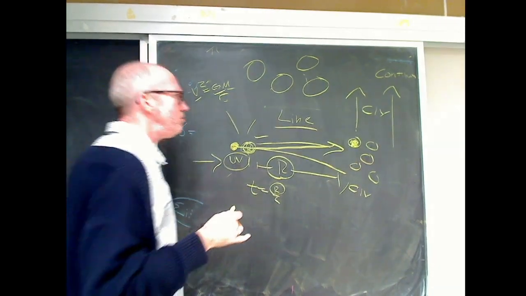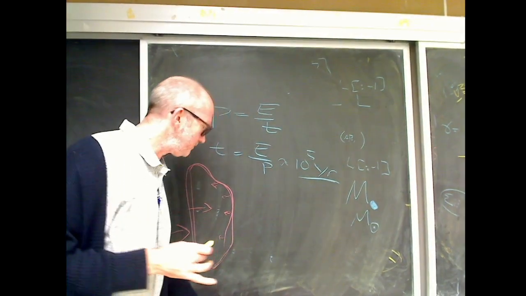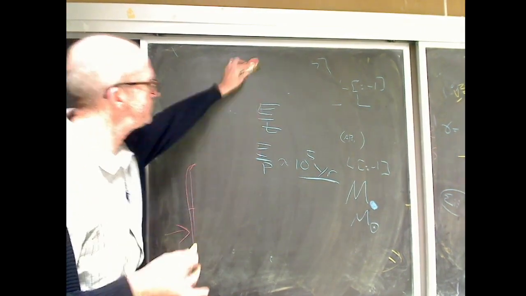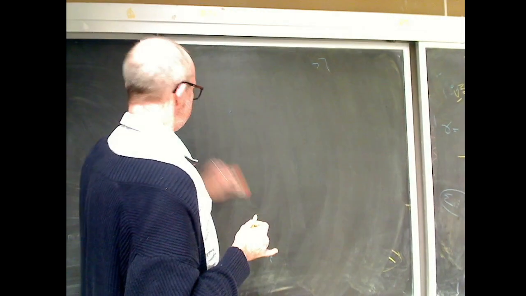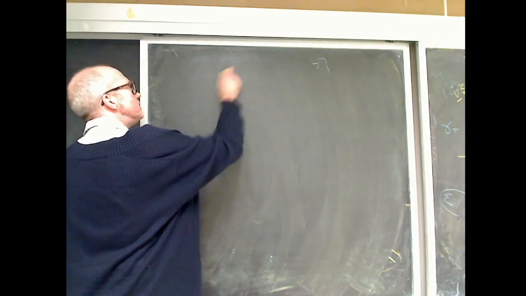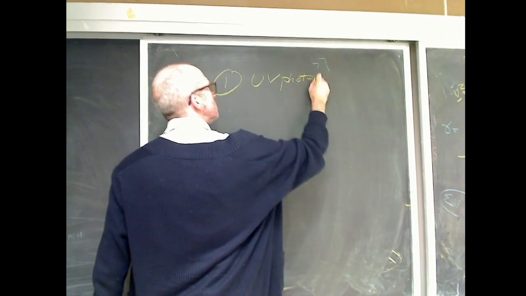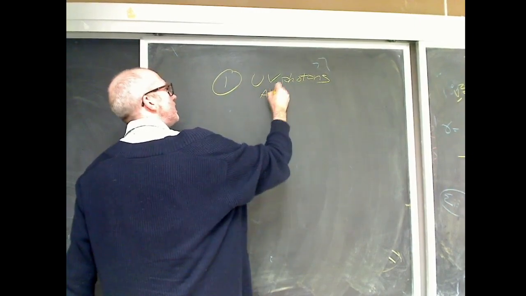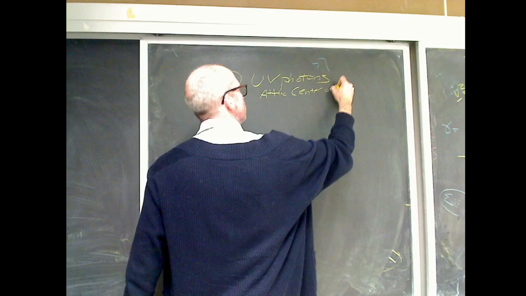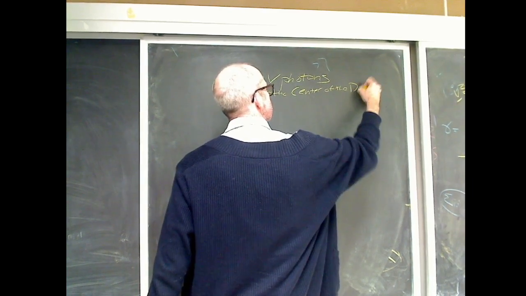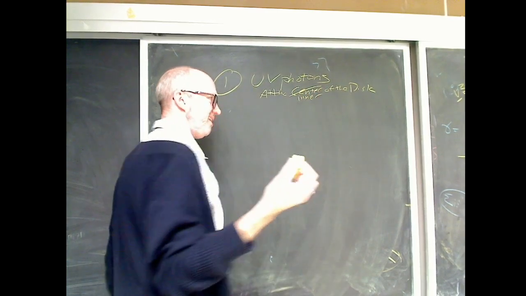So reverberation mapping. Let me write all this down. Summarize these ideas. So the way reverberation mapping works: UV photons at the center, maybe not center, maybe inner part of the disk. What's at the center?